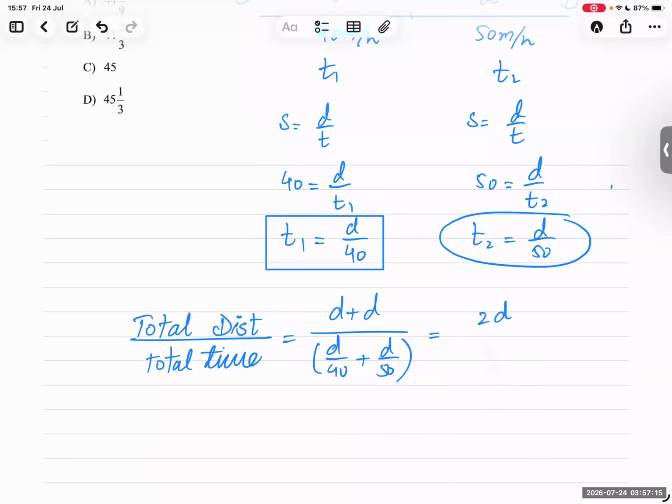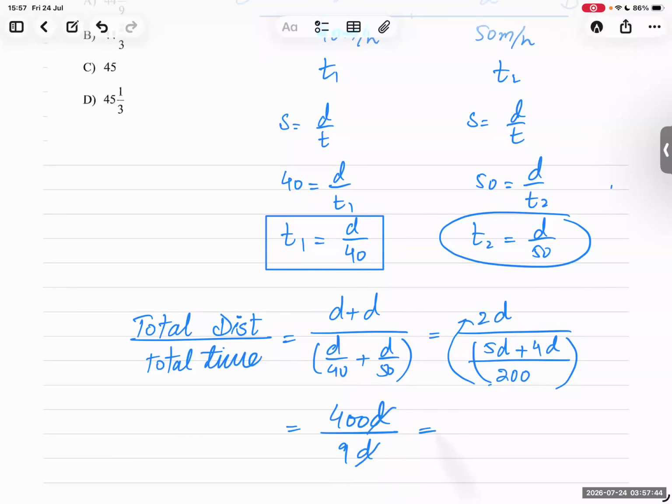Now that makes it 2D divided by, we take LCM, that is 200, 5D plus 4D. You can bring 200 over there, that is equal to 400D divided by 9D. You can cancel it out. That makes it 400 divided by 9.